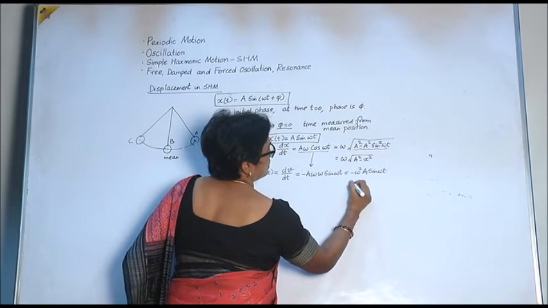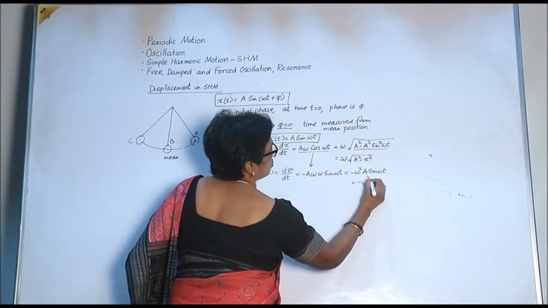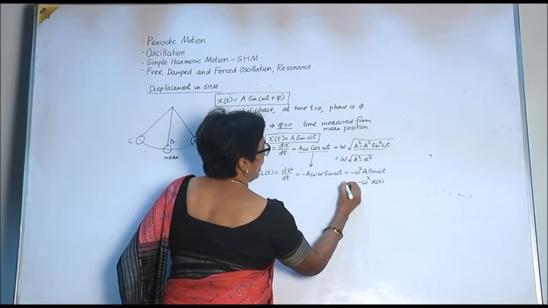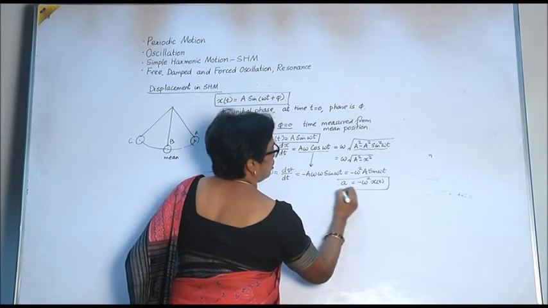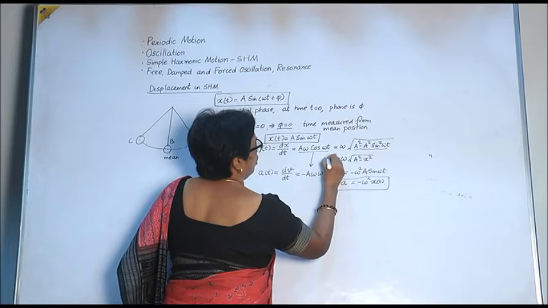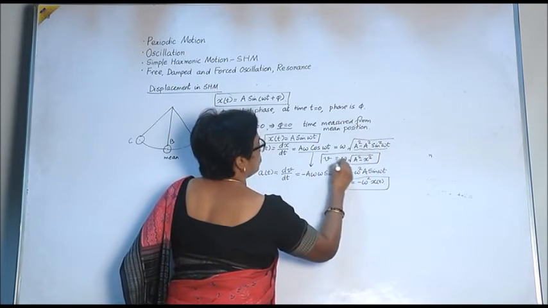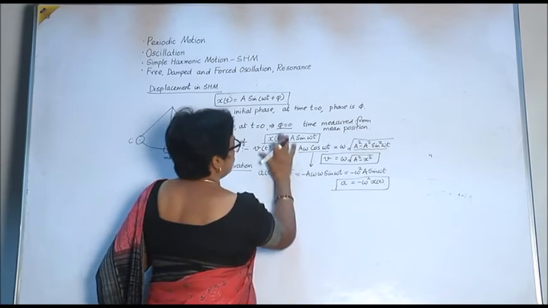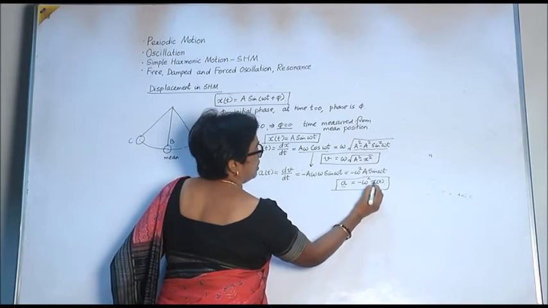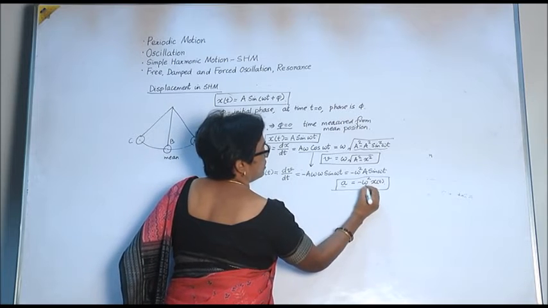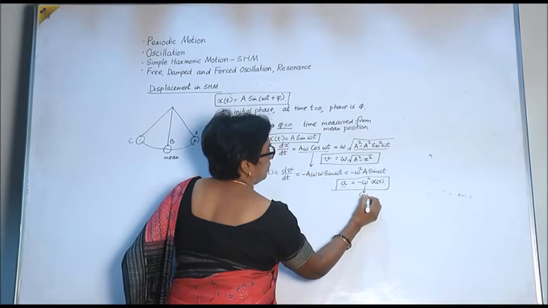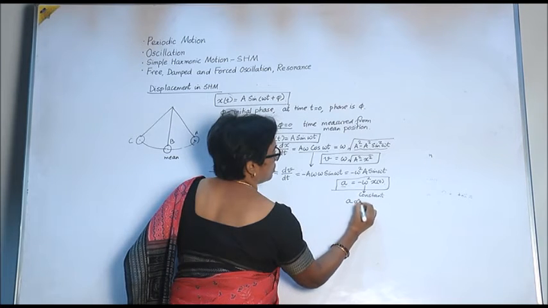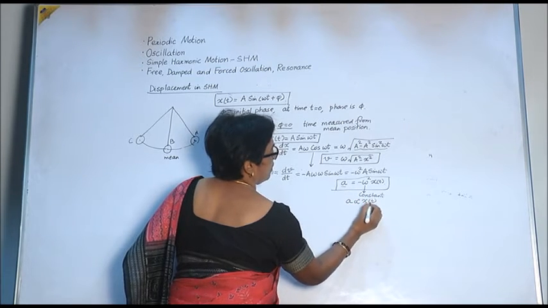That means this is equal to minus omega squared x. So acceleration is minus omega squared x, and velocity is omega times the square root of a squared minus x squared. You can see that in this function, omega squared is a constant, so your acceleration is proportional to x, the displacement.